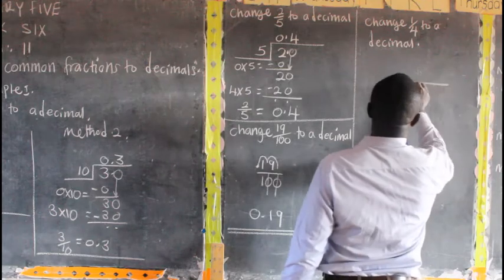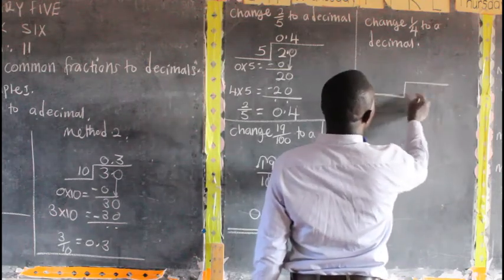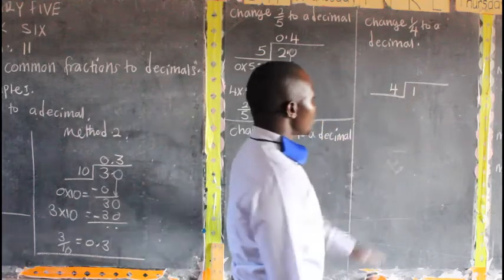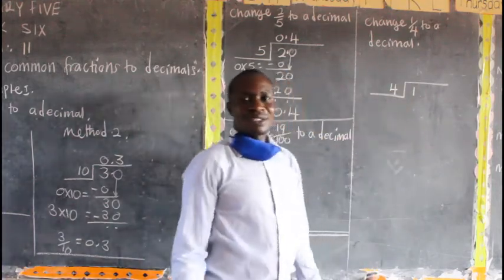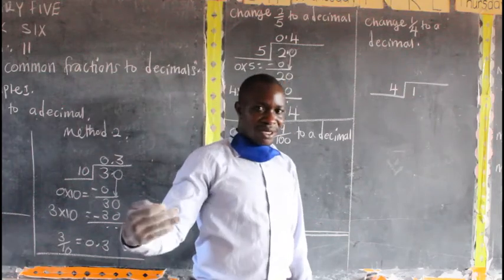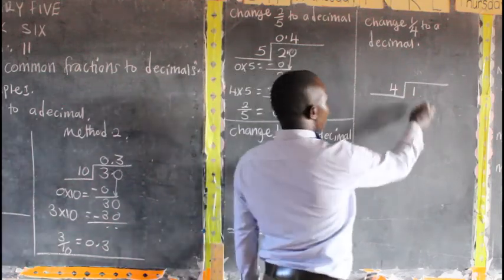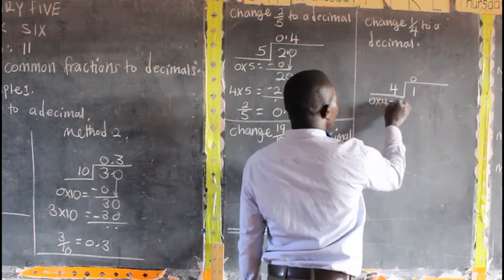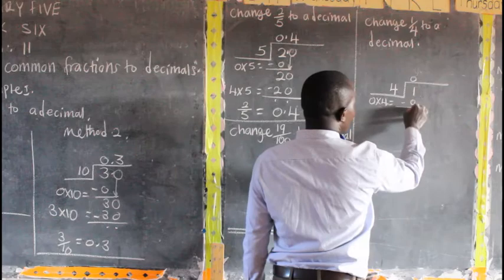So, long division. Here put 1, then here 4. Then you say 1 divided by 4. It is impossible. So if it is impossible, you go back to the same. You say here 0, 0 times 4 is equal to 0, you subtract, you get 1.